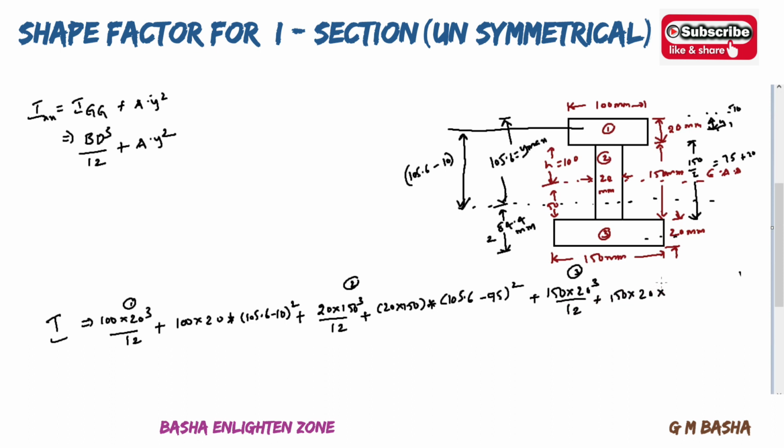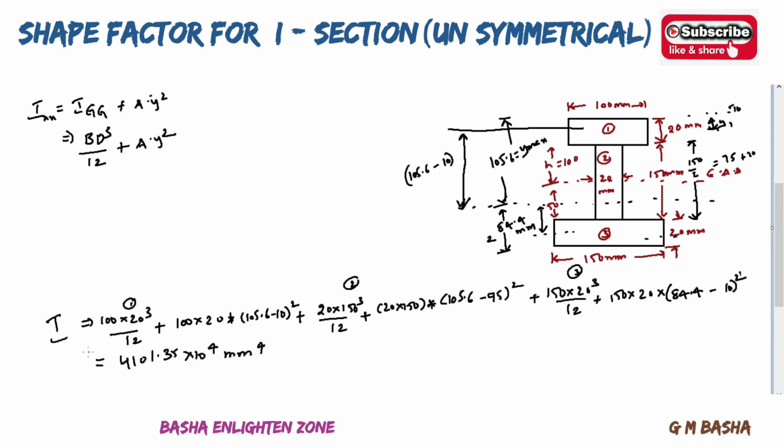And again this y bar is the distance taken from the center to the maximum distance, that is 84.4 minus this 20 by 2 which is 10 whole square. If you simplify all these values, directly you will get around 14101.35 into 10 to the power of 4 mm to the power 4.